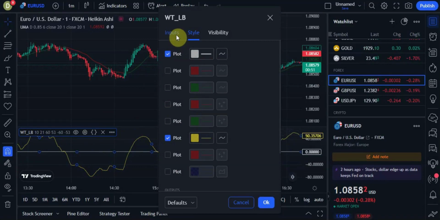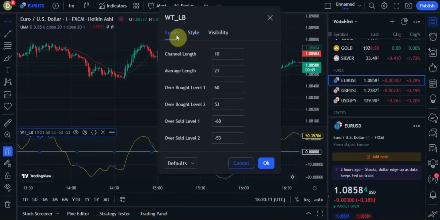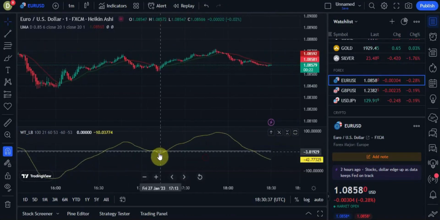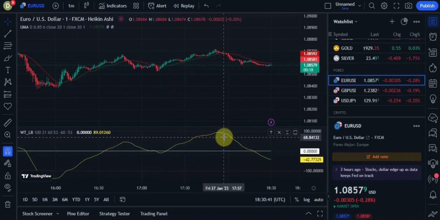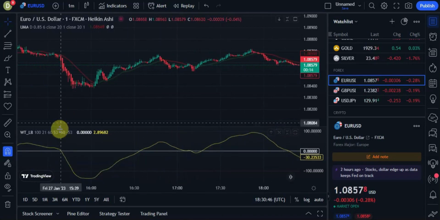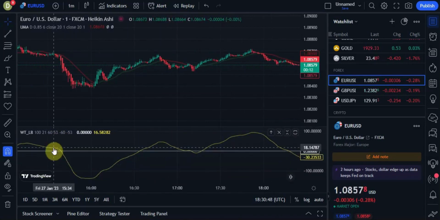And also, let's go to Inputs. And then we're going to change the channel length to 100. And then hit OK. And so with this indicator, whenever we see the yellow line goes above this white line here, then we know we're in the uptrend. And whenever the yellow line is below the white line here, then we know that we're in a downtrend, okay?